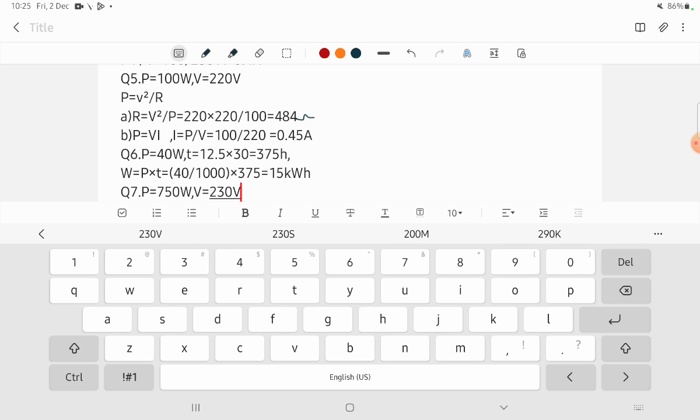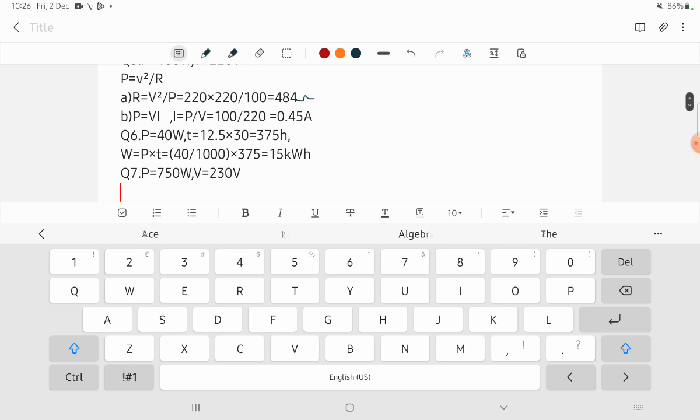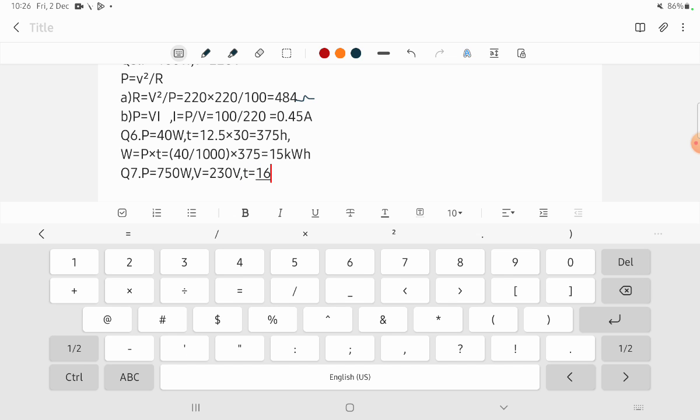So here also you can use the kilowatt hour concept. So at a time, write down the time. Time is equal to 16 hours.